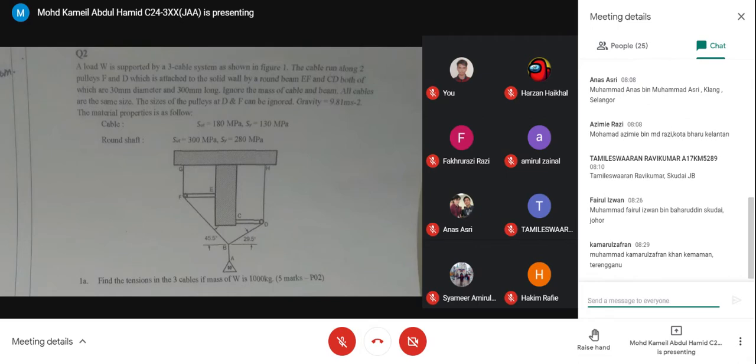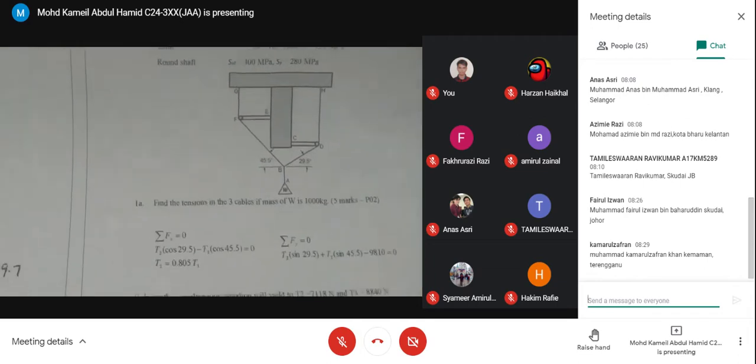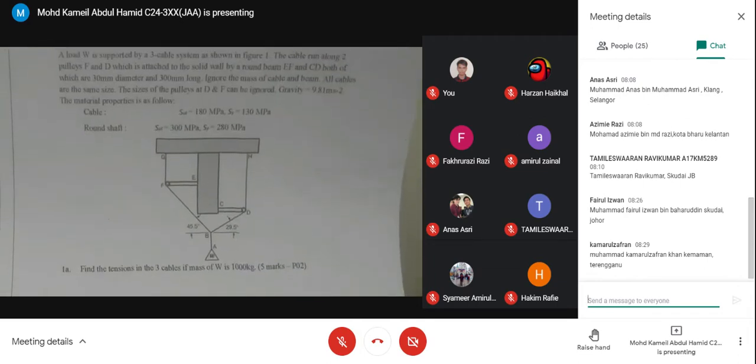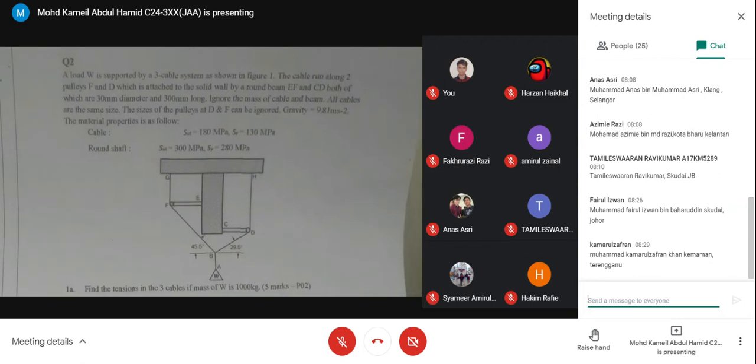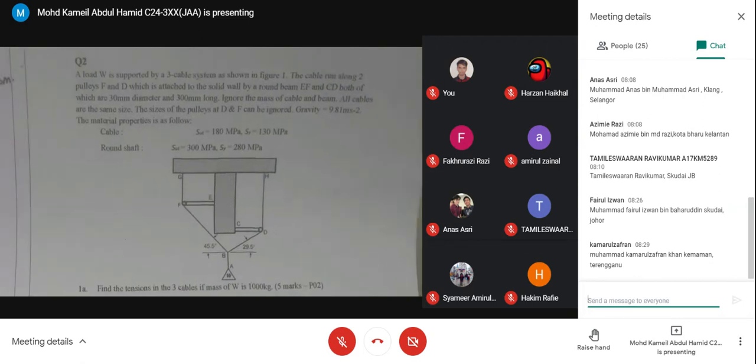This is one type of design problem, to find or select the size of the cable that is safe to be used.